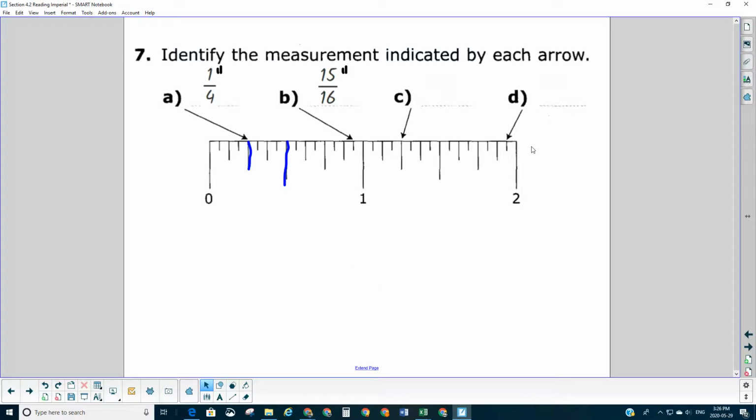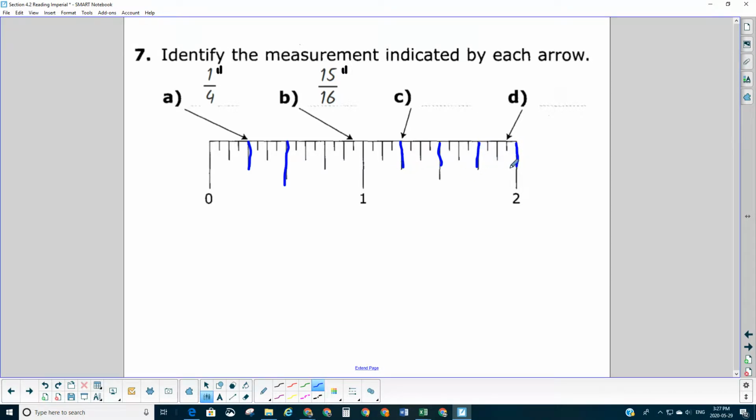Next, you see that C and D are past the 1. They are between the 1 and the 2. So whatever measurements these are, we have to consider the whole and then a couple of chunks after that. What's great on this one is it looks like this spot is in the same spot as this, but after 1. So if I looked at this, you see how this is 1, 2, 3, and 4.